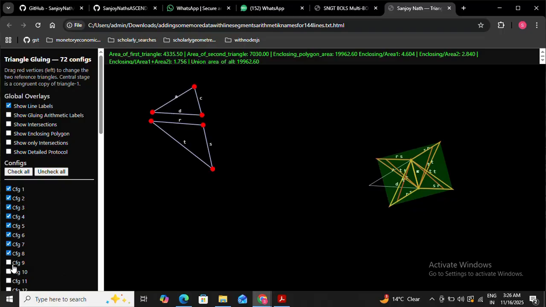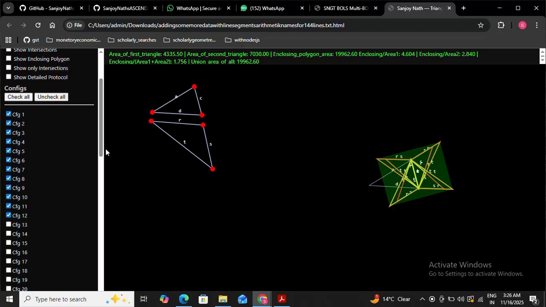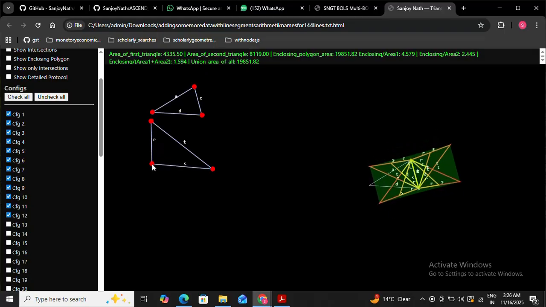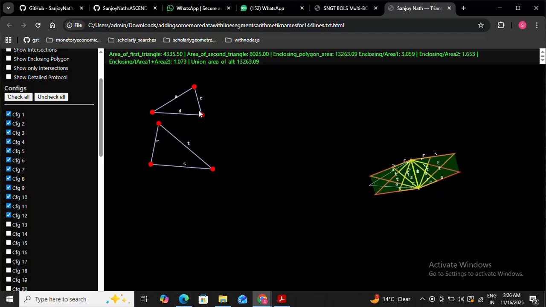In this way, if we open up the other line segments glued such that the similar triangle of the second triangle is constructed on the first triangle differently, then we can see a different kind of arrangement for the dynamics of these triangles. When the numbers change, the geometric behaviors also change.